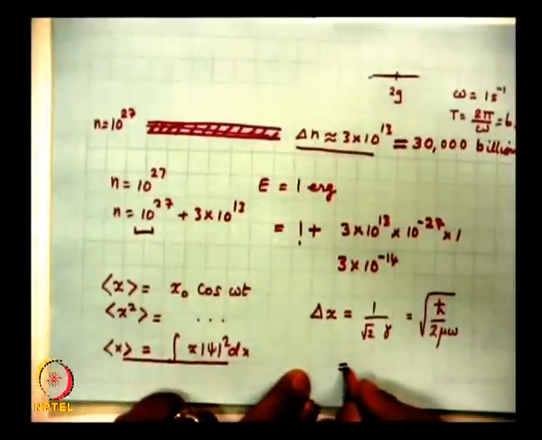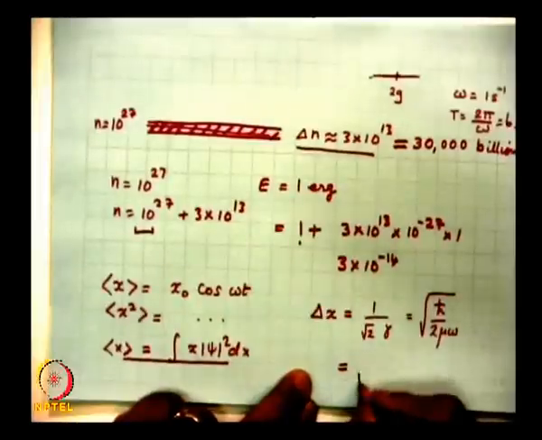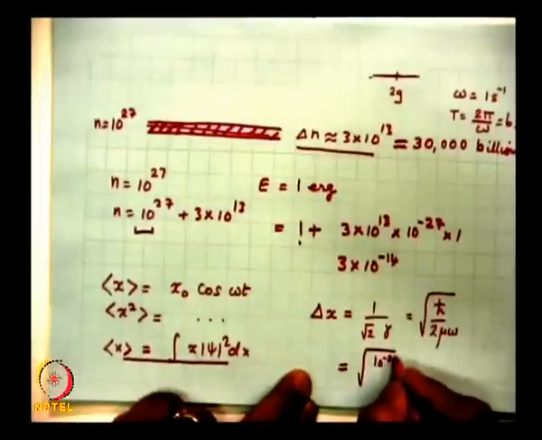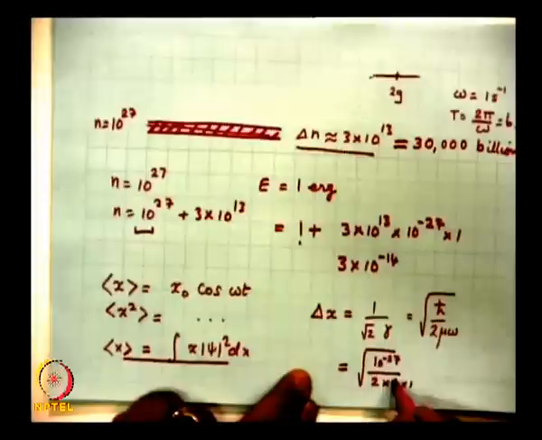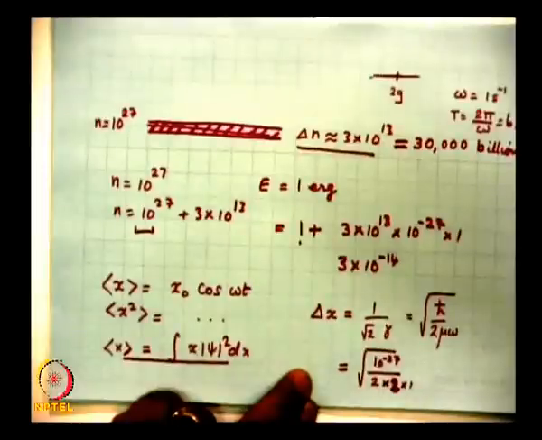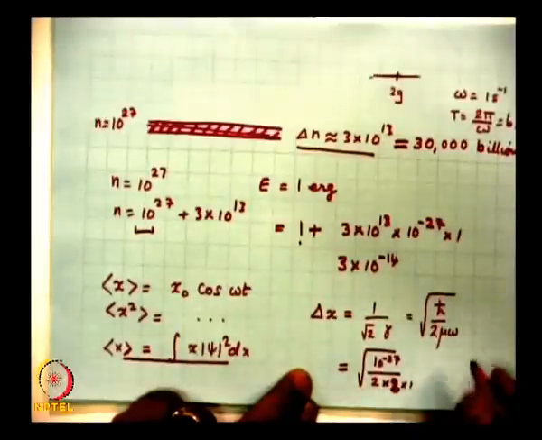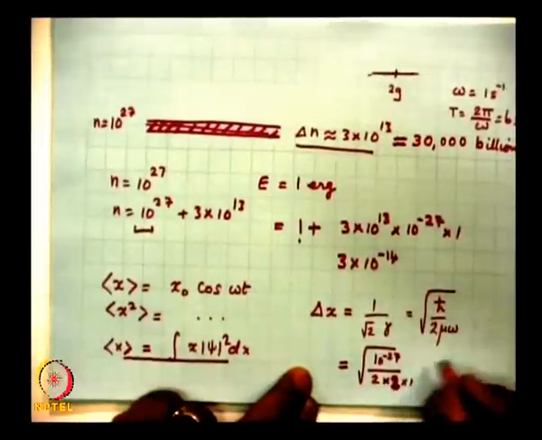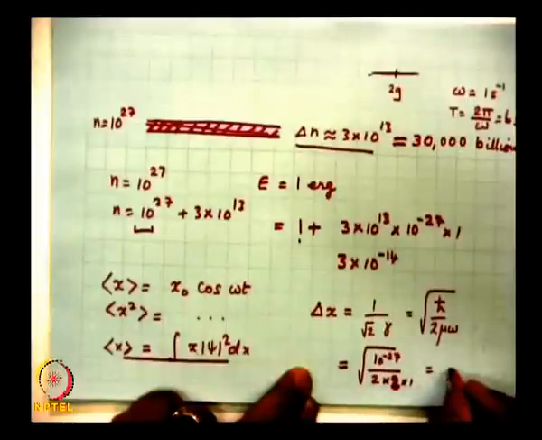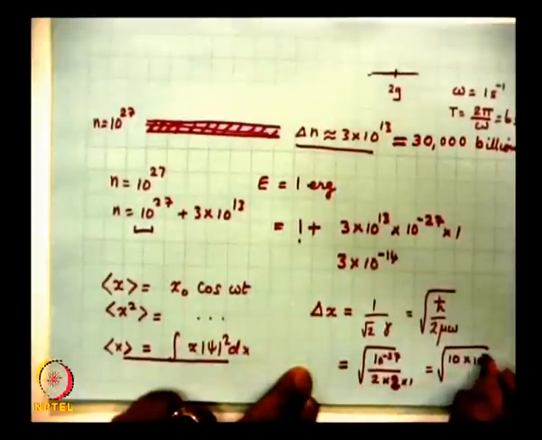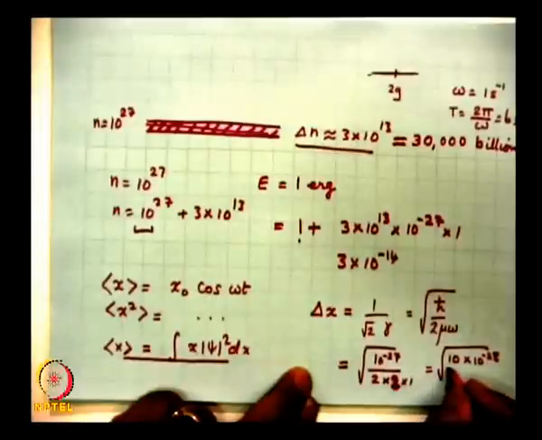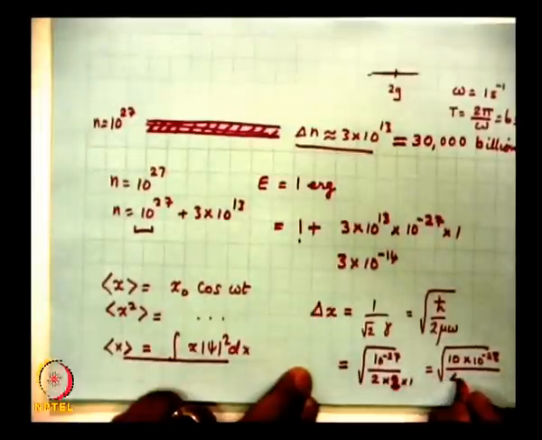So, my uncertainty in x is 10 to the power of minus 27 divided by 2 into 2, sorry, mu is 2 grams. So, this will be 4, let us suppose I take 10 outside, 10 into 10 to the power of minus 28, and this is 4.